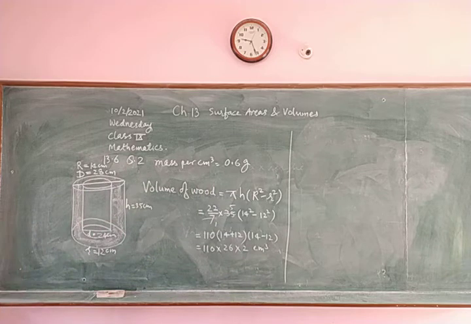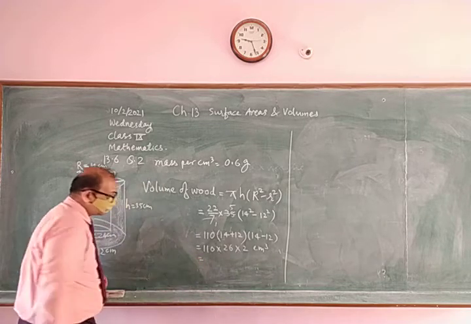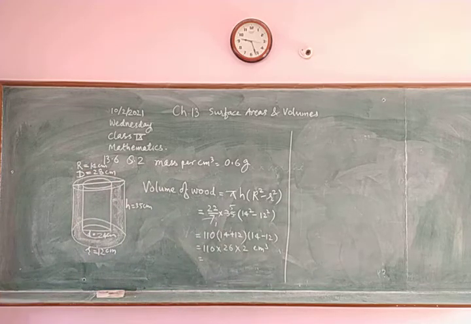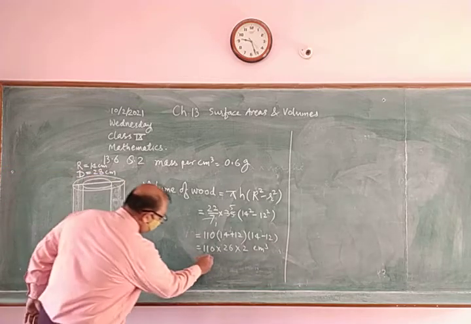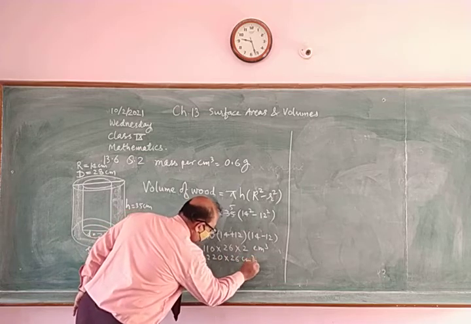Okay? Clear? 110 into 52, that is 220 into 26 cubic centimeter.